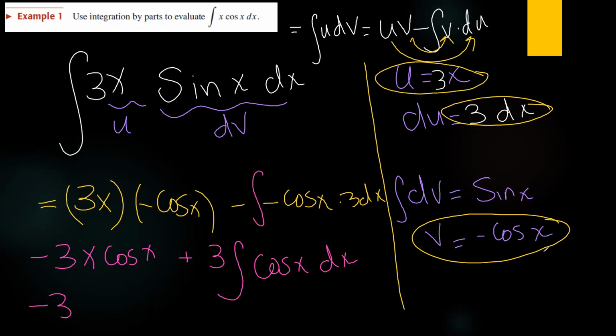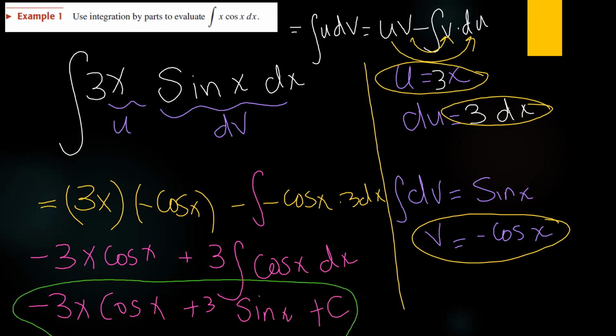So negative 3x cosine x plus 3 times the integration of cosine, which is sine of x, plus c. So this will be the answer. The integration of 3x sine x will be negative 3x cosine x plus 3 sine x plus c.